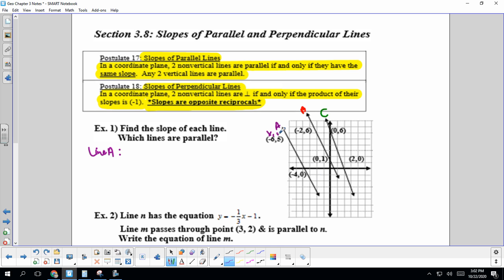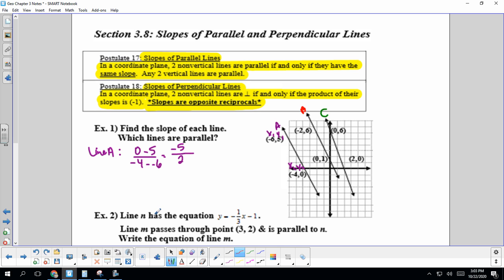Let's go ahead and do it algebraically to give us some practice. So it is 0 minus 5 over -4 minus -6. -5 over -4 plus 6 is 2.